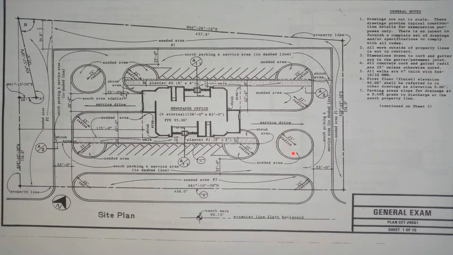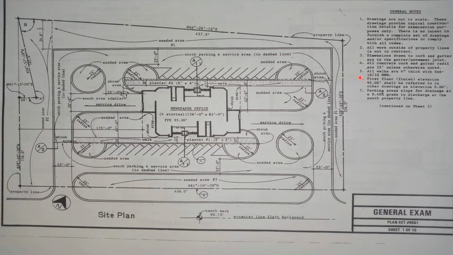So if you were trying to figure out the area, maybe you were going to sod this area, you'd have to realize you're not going to put sod in the gutter, right? You're going to go up to the edge of the gutter. So what you have to do is take this 25 feet and subtract the gutter width. We're going to tell you how to figure that out in just a minute.